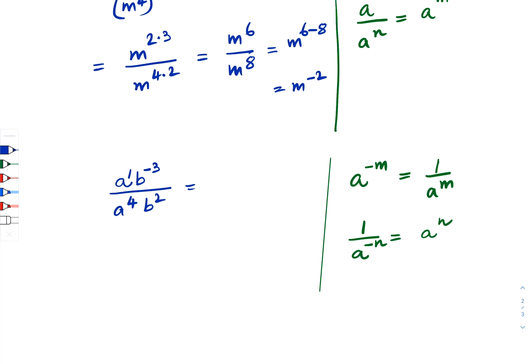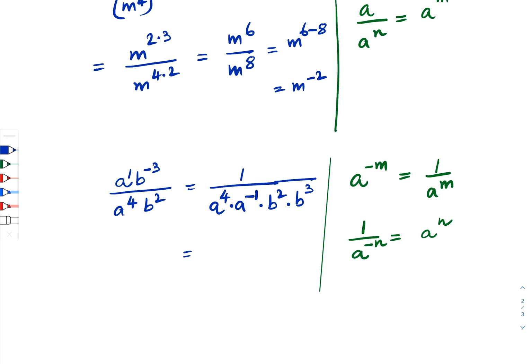Anytime a number does not have a power, that means it's a 1. So this becomes 1 over a⁴ times a⁻¹ times b² times b³. The a raised to the positive 1 went down and became a raised to the negative 1. The b raised to the negative 3 went down and became b raised to the positive 3.